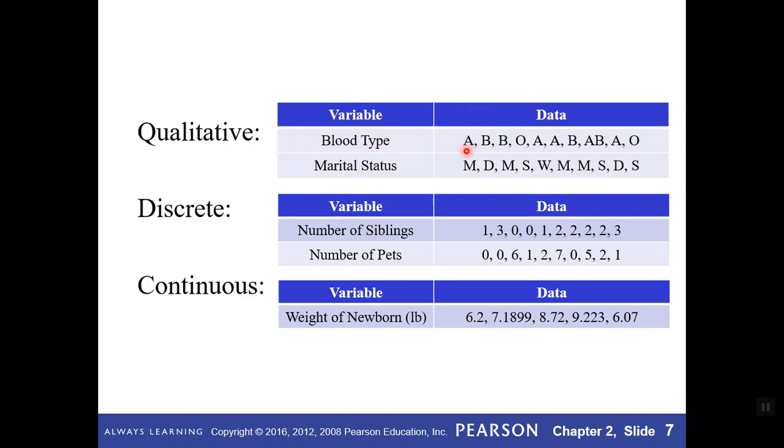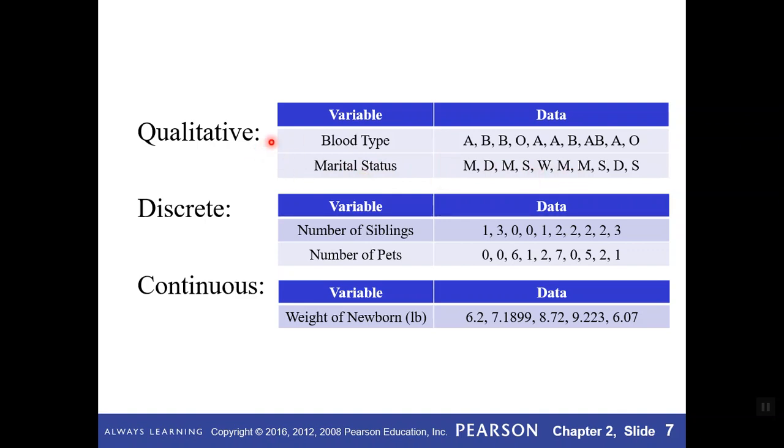The data can be A, B, O, AB plus, something like that. There can be repetitions, no problem with that. Marital status can be married, single, divorced, something like that.